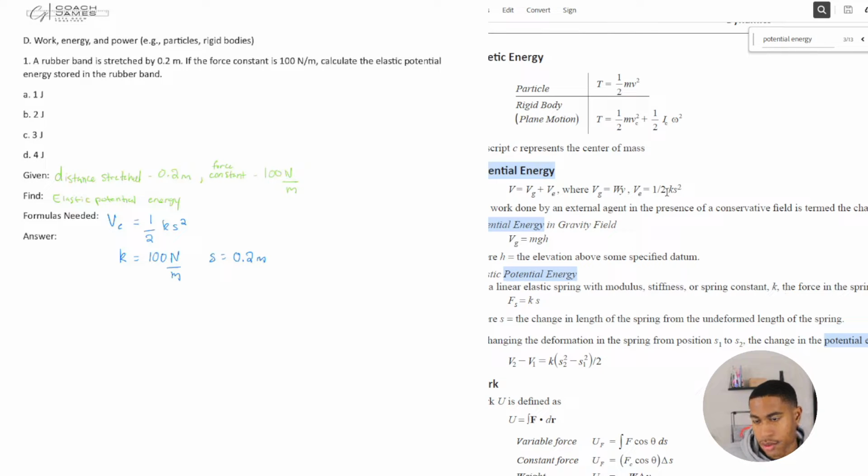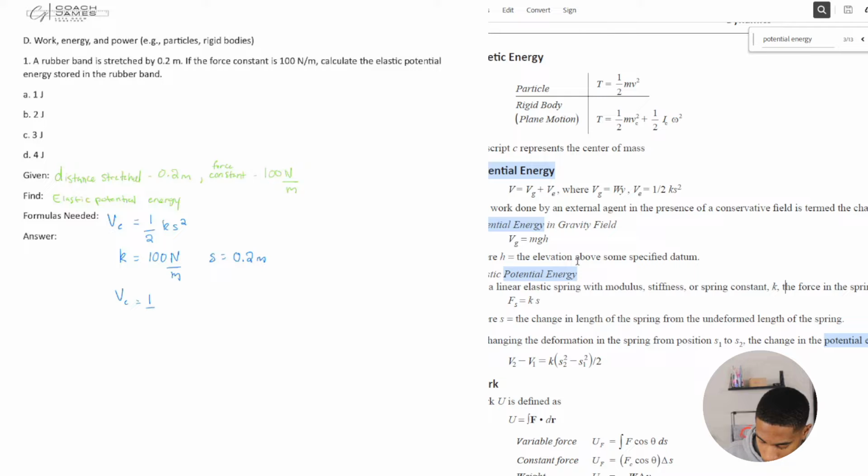Your potential energy is a little different for a rubber band versus a spring, but similar concepts. K is your force constant, and s is the distance that it is stretched.